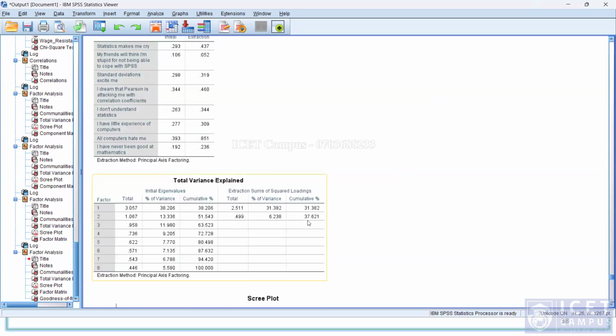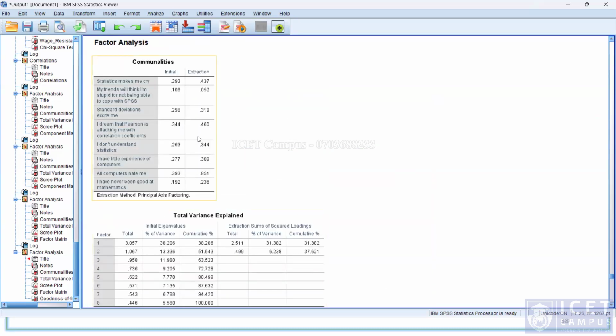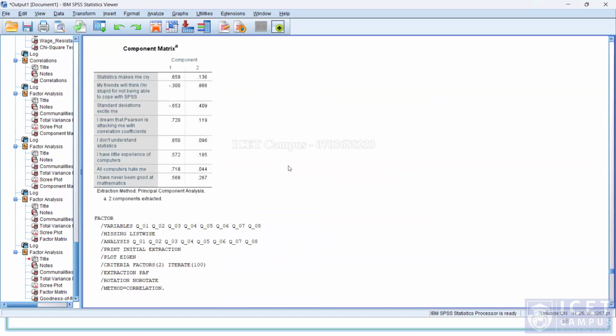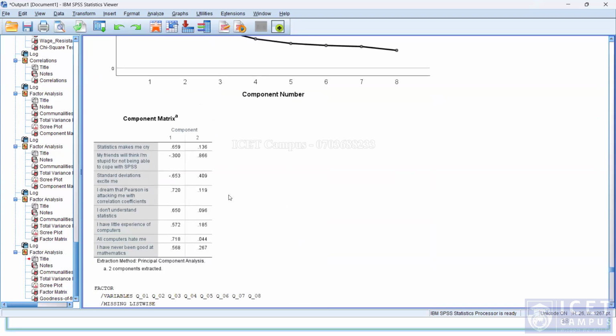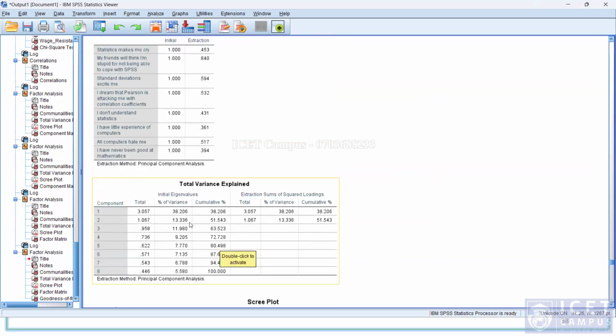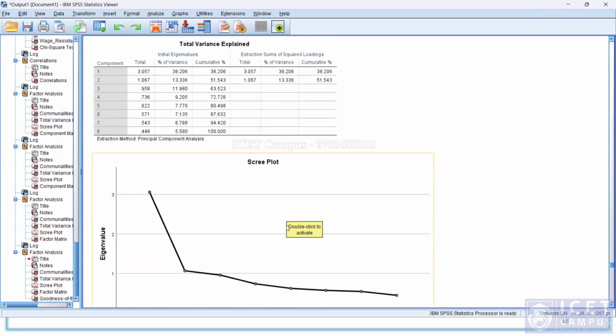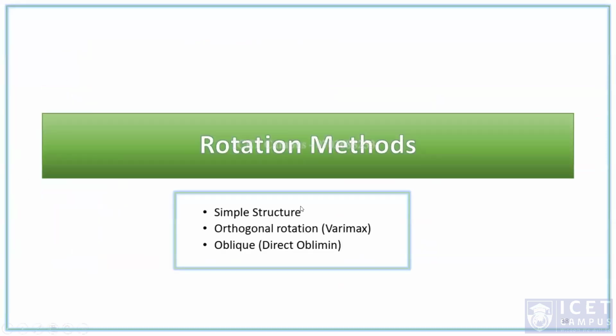So in factor analysis we discussed these three: principal component analysis, principal axis factoring, and the other one is this. Right, then let's discuss a few rotation methods. Some rotation methods also we can use.